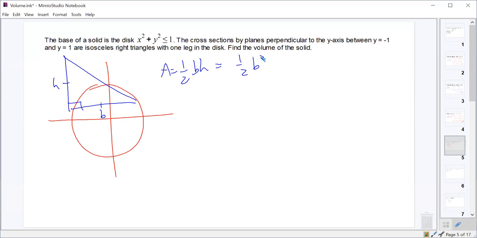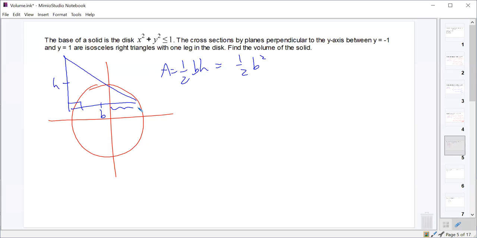And what is our base equal to? Would it be 2x? It'd be 2x, right?